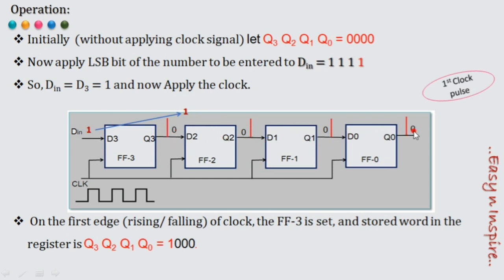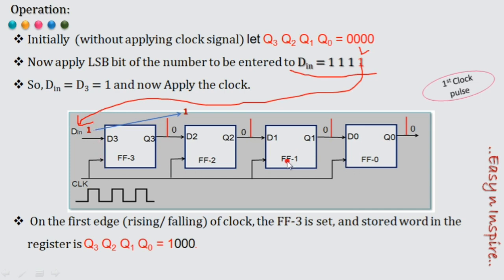Initially all outputs are zeros and I have to enter my data at the D input bit by bit. First I am going to apply my LSB bit. I have applied my LSB bit here.